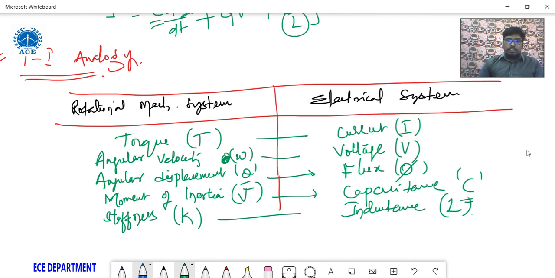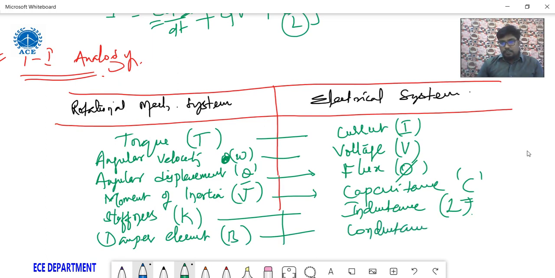Anything forgotten? Damping coefficient you have, the damper element B. B becomes conductance in this case, 1 by R, right? Conductance, 1 by R.